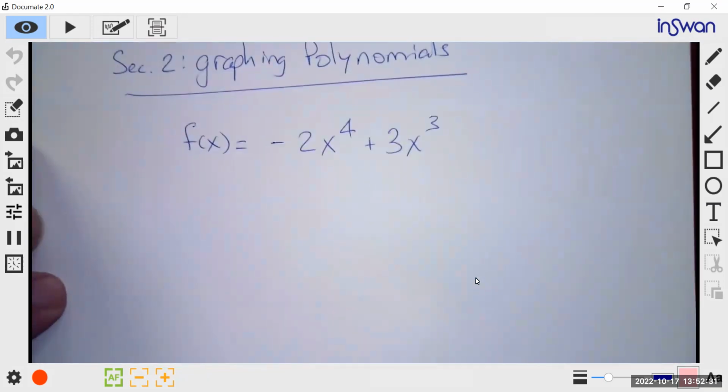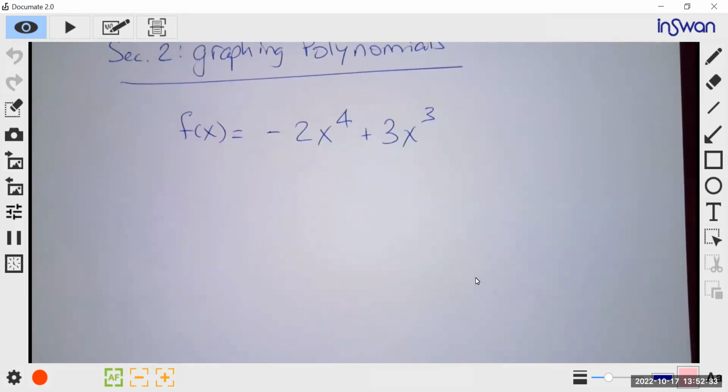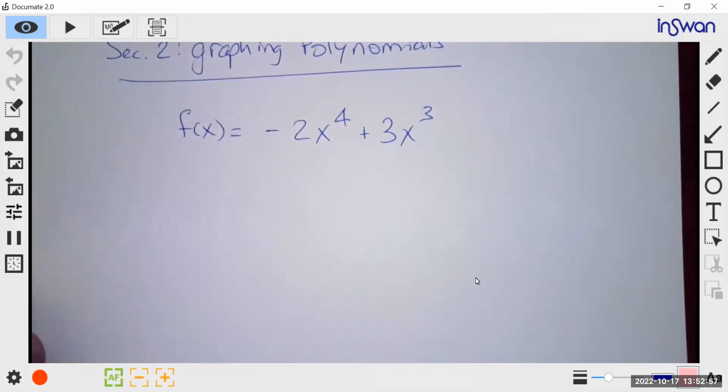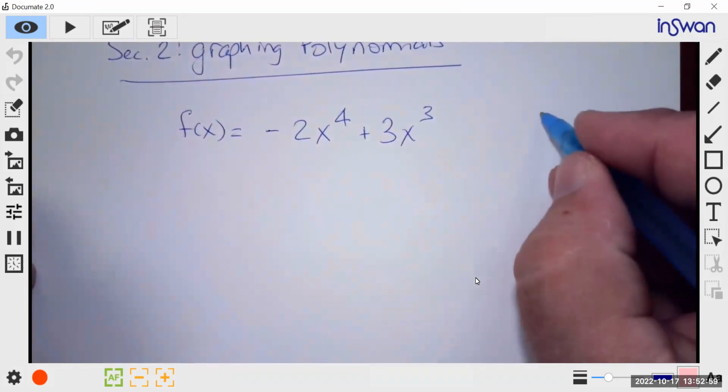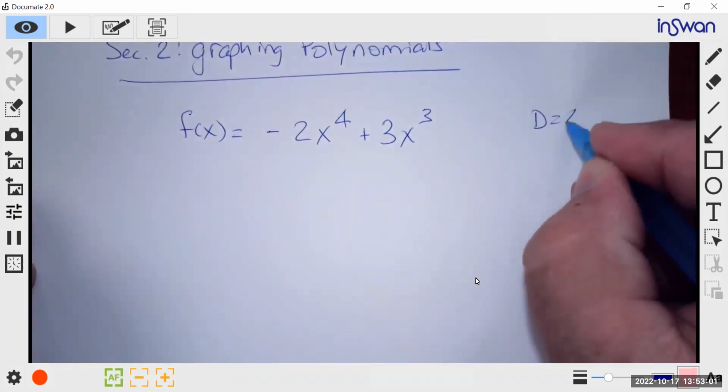Let's graph this one. By looking at it, what can you tell me about it? It's degree 4. So what does that tell me? The degree doesn't tell us that. What does degree equals 4 tell us?